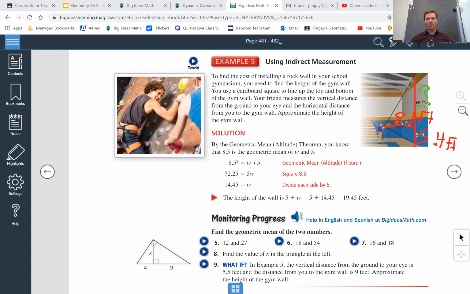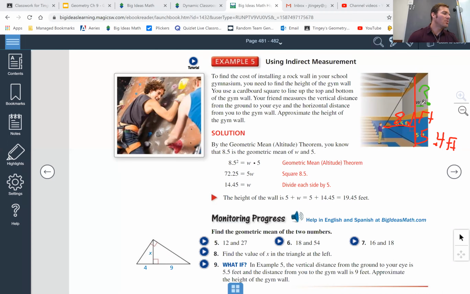That's our unknown variable. Once we find that unknown variable, we can add the 5.4 feet to it and we'll know the whole height of this. So how do we find W? Well, we're going to be using those theorems that we used, the geometric mean altitude or the geometric mean leg theorem.